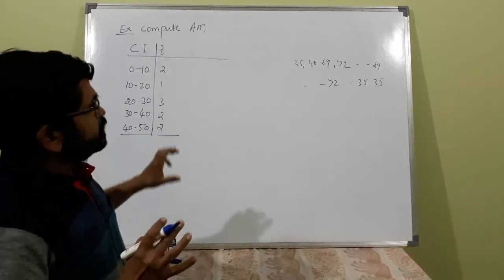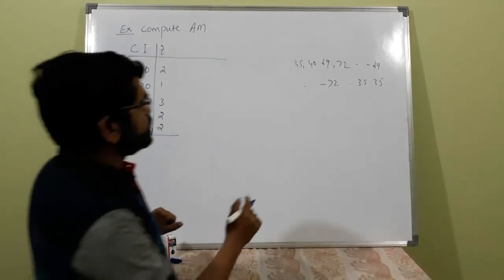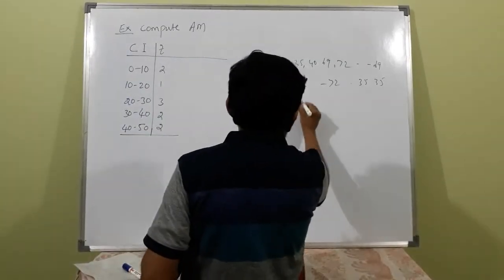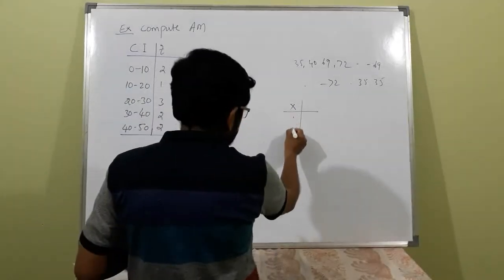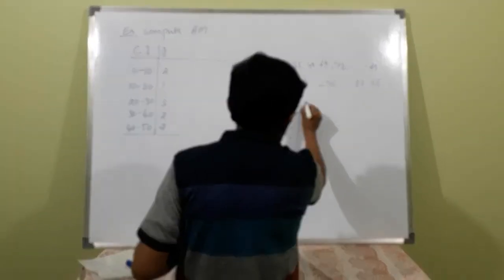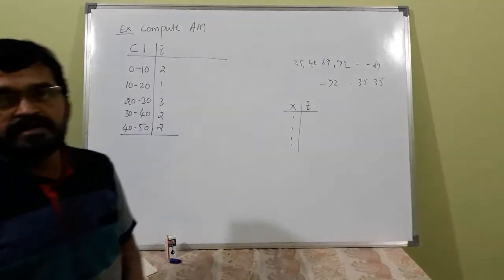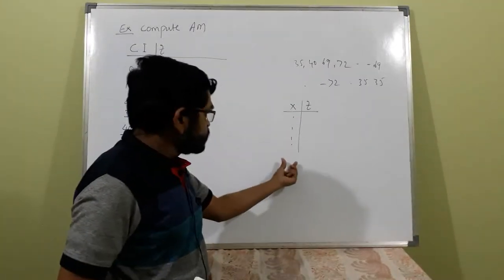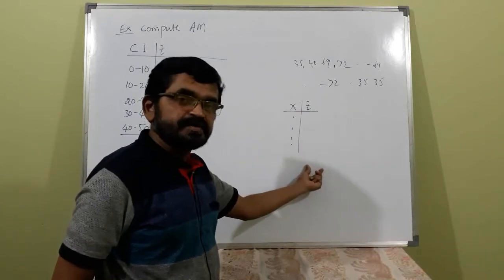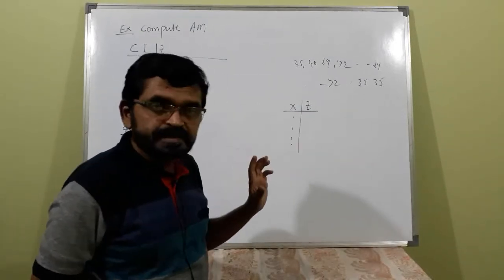If you arrange this data in systematic form, with variable values, different scores with number of repetitions, that is called frequency.